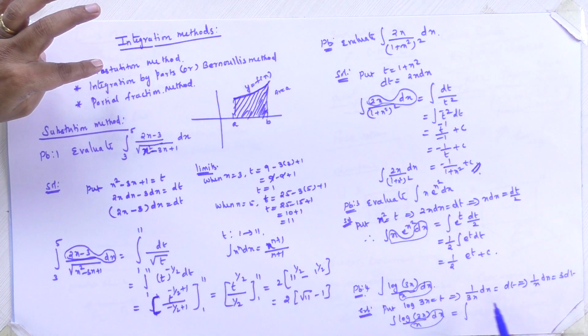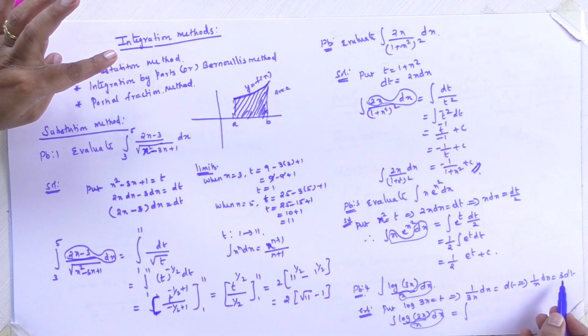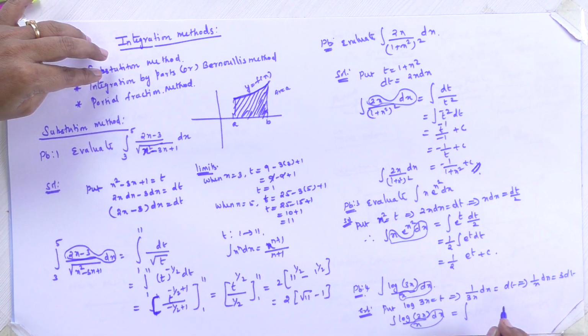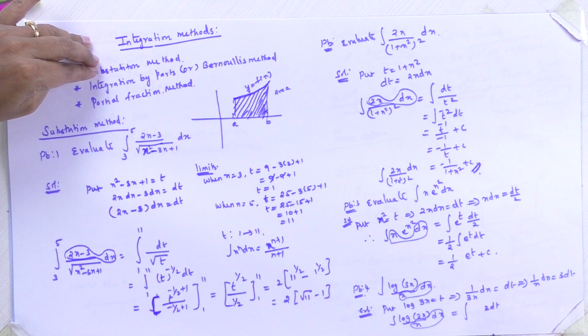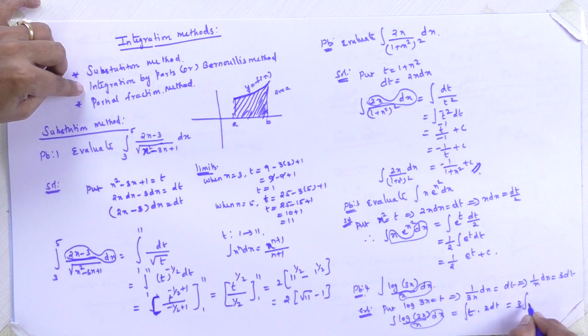So you make it as 1 by x. So the integral becomes log 3x, which we have taken as t, into dt. So this is easy for integration.